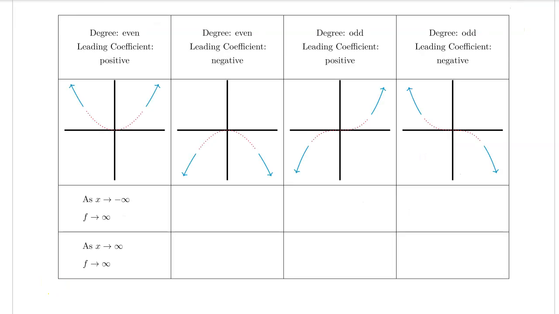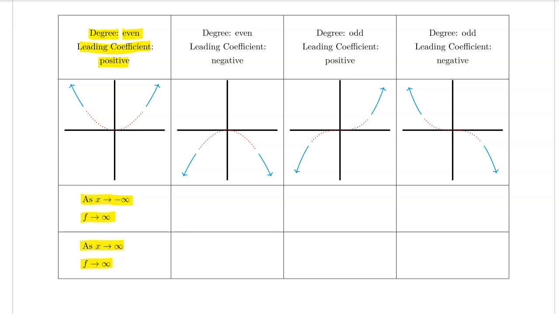So it turns out that there are really only 4 cases when you look at the leading term. And the first thing we said we looked at was the degree. So if the degree is even and the leading coefficient is positive, what that means is the end behaviors on both sides are going to be going upwards. And so we write that as x goes to negative infinity, f goes to positive infinity, and as x goes to positive infinity, f goes to positive infinity.